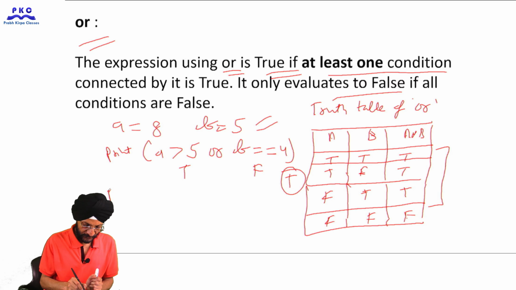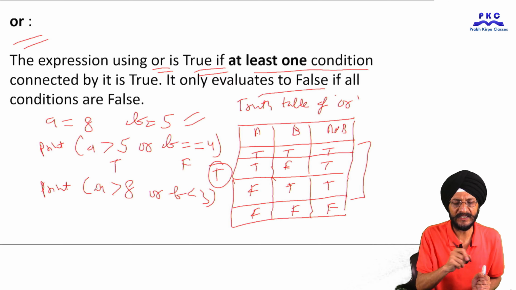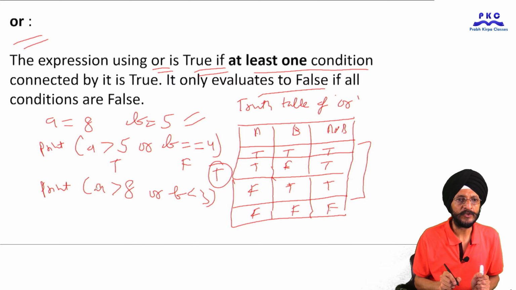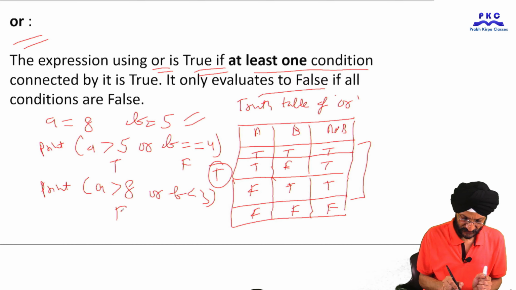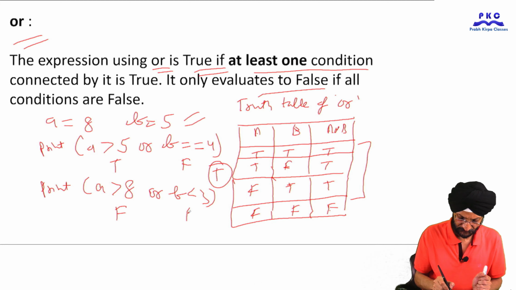Next, if we use the print function and here we write A is more than 8 or B is less than 3. A is more than 8, what is given? A is equal to 8. So A is more than 8 is false. B is less than 3? No, B is equal to 5. B is not less than 3. Rather, it is equal to 5. So it is false.